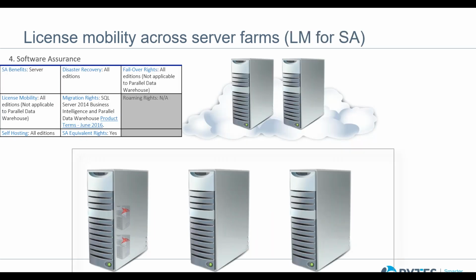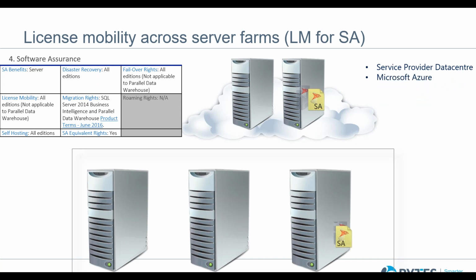So another way with this, and when we're mentioning third parties, if we have software assurance on these VMs, again, we can move across all of our physical hosts in our cluster. And what we could also do is take it to a third-party data center that may host your virtual machines for you, or some public clouds. There are specific rules around public clouds, but SA will allow you to take it to a service provider's data center.